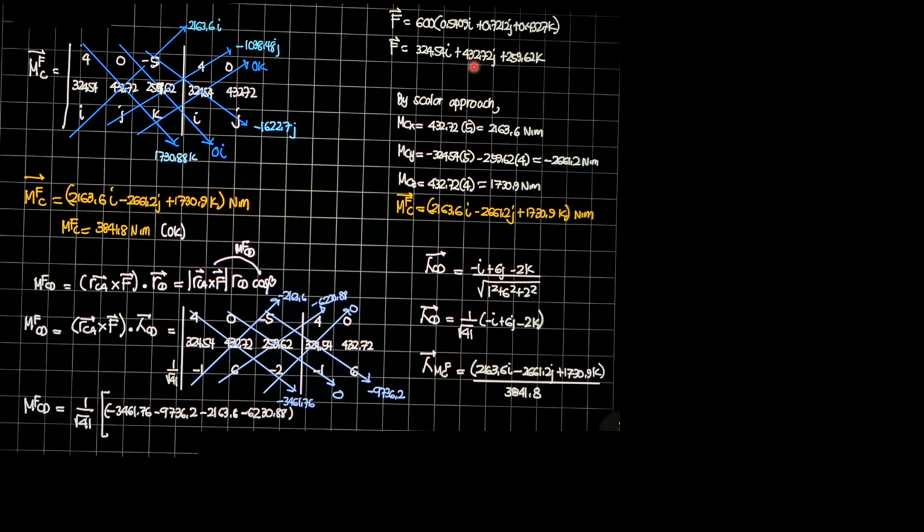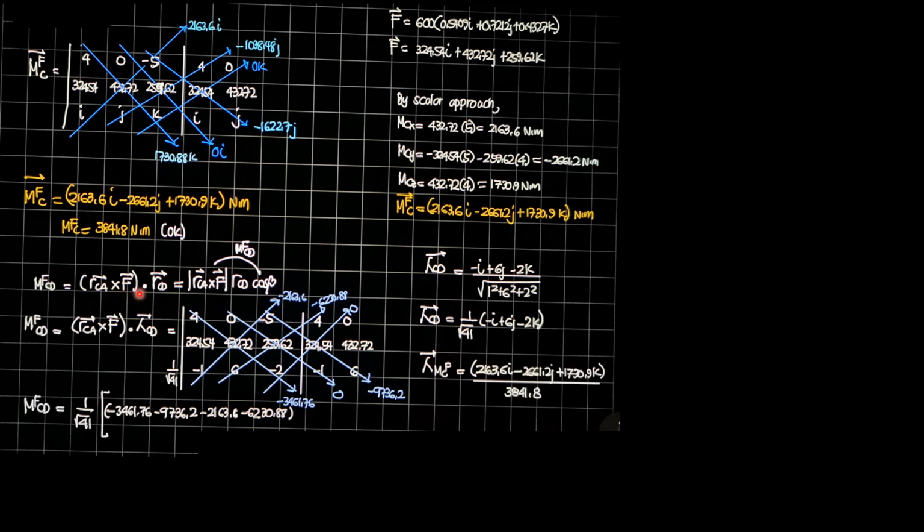Distance is 4. So 42.72 times 4, 1730.9 Newton meter. Writing it in vector form will have the same result as this. So the magnitude is 3841.8 Newton meter.